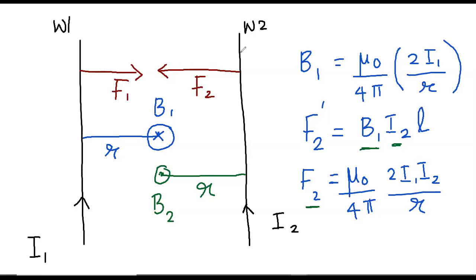Now, one beautiful thing that practically we see about this analysis that we have done is, in a solenoid, when current flows through a solenoid, it is seen that the solenoid contracts in length. That is, the wires come closer to each other.